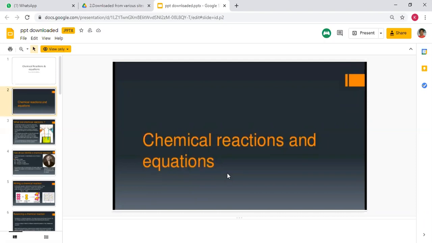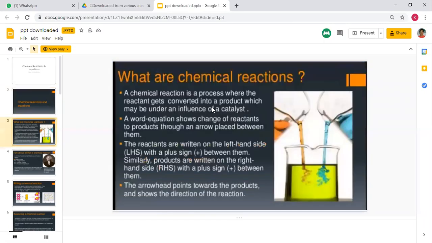Chemical reactions and equations. This is chapter number 1 of 10th standard chemistry. Can everybody see it? All right, so what are chemical reactions? These are some of the common definitions. A chemical reaction is a process where the reactant gets converted into a product, which may be under the influence of a catalyst.